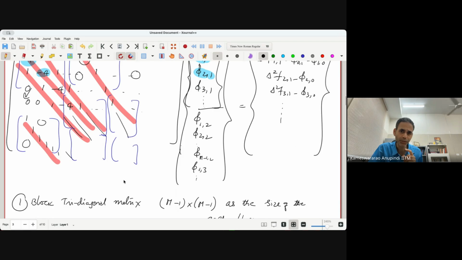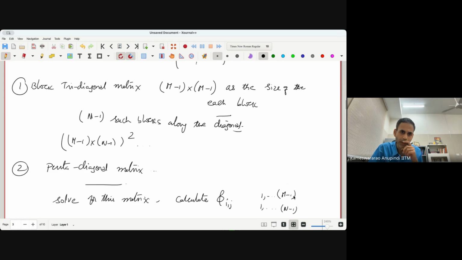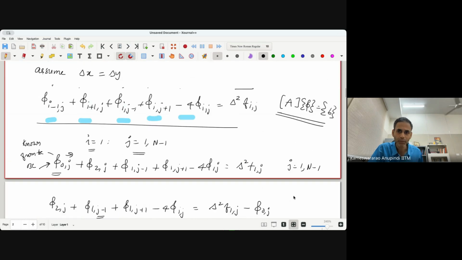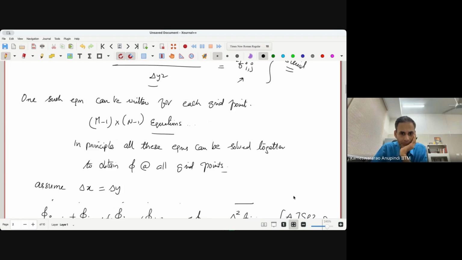We can solve for this matrix, and then obtain phi i,j at all points, 1 to m-1 and 1 to n-1.